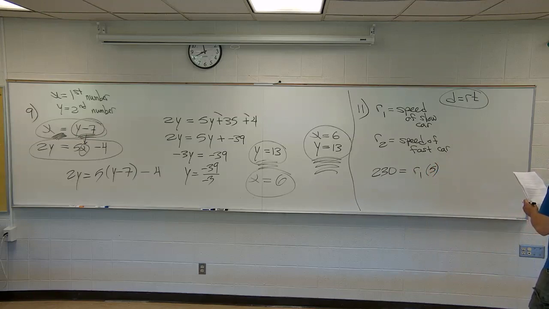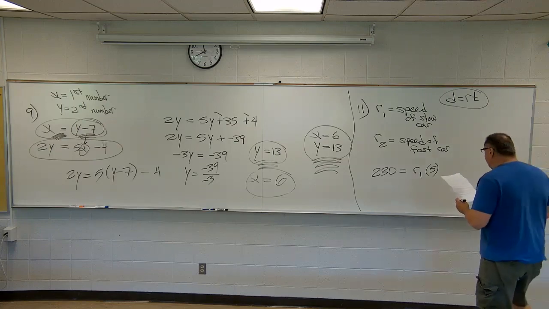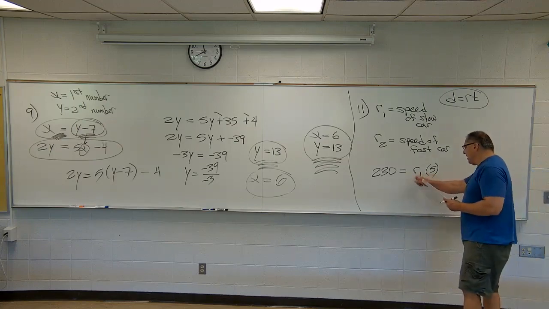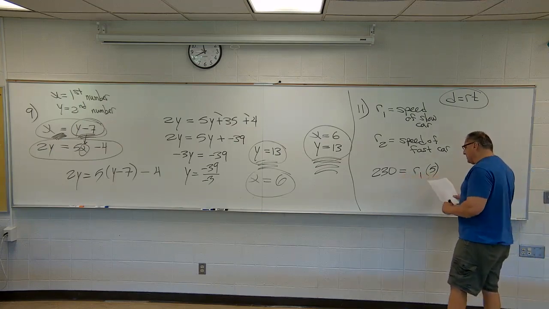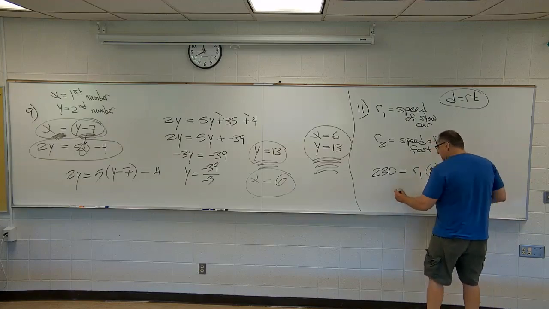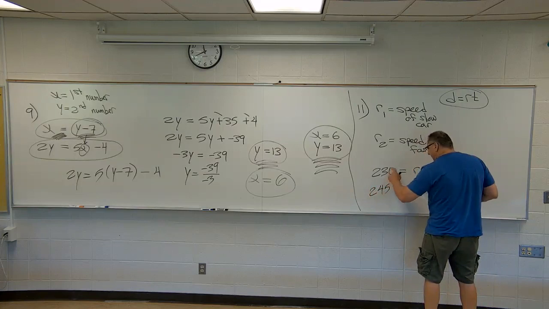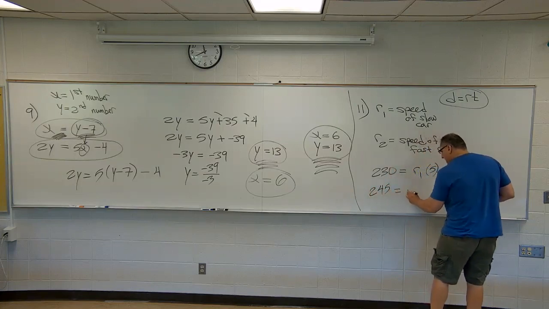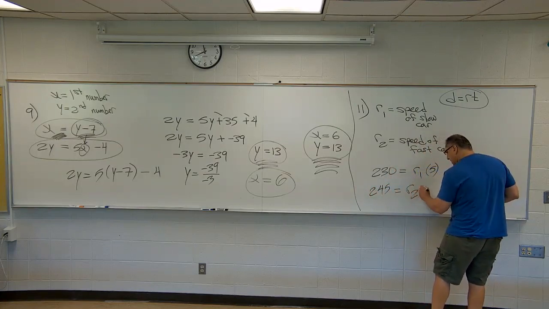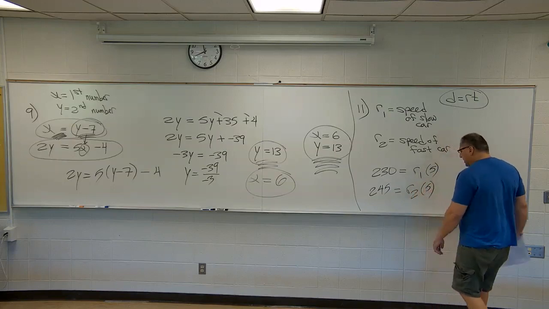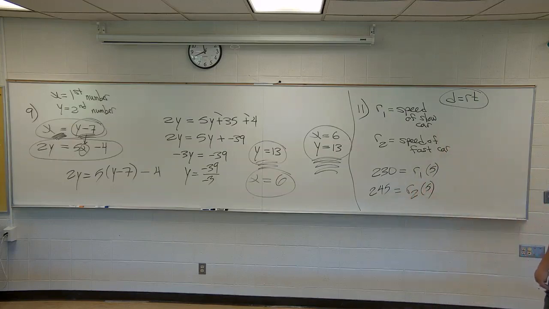After 5 hours, the faster car is 15 miles ahead of the slower car. After 5 hours, the slower car went 230 miles. Okay, that's not bad. The faster car has gone 15 miles further. Add 15 onto that. Not too bad.